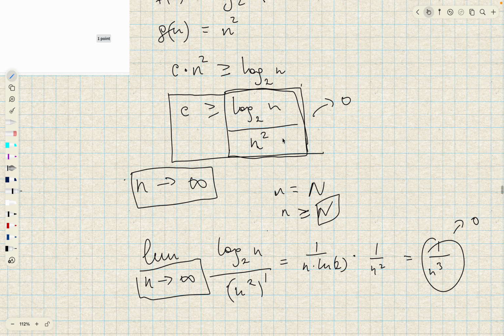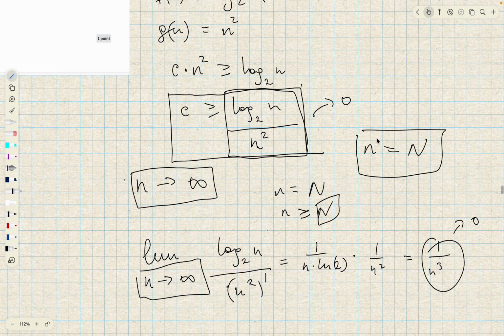And the point where c becomes equal to this division, at that point we write it as n0.